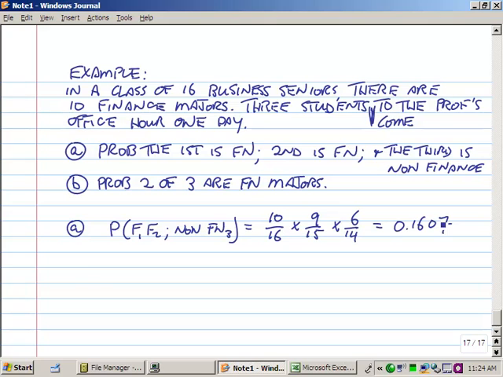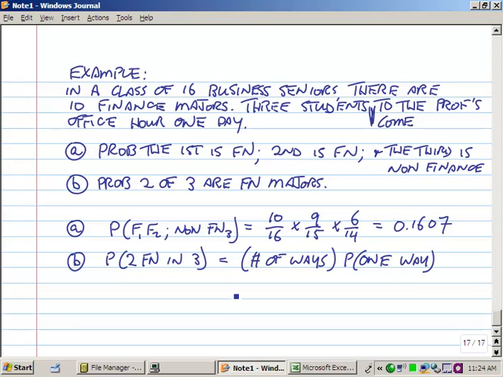Alright, and then the answer to part B, probability of 2 finance in 3, again, you should know how this works by now. Number of ways times the probability of one way, since the order is not specified.